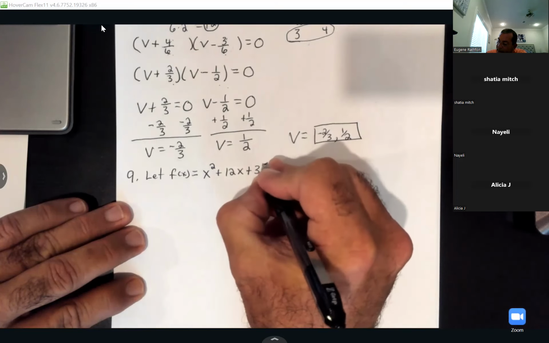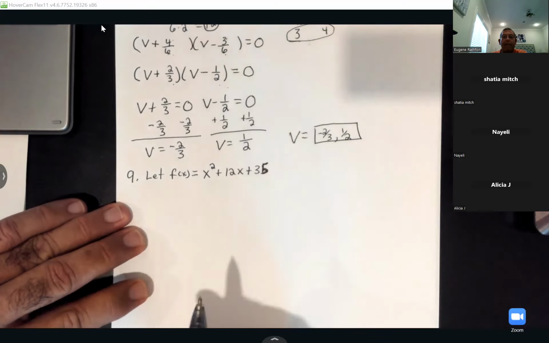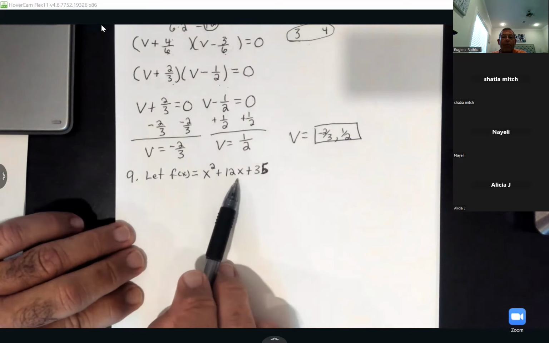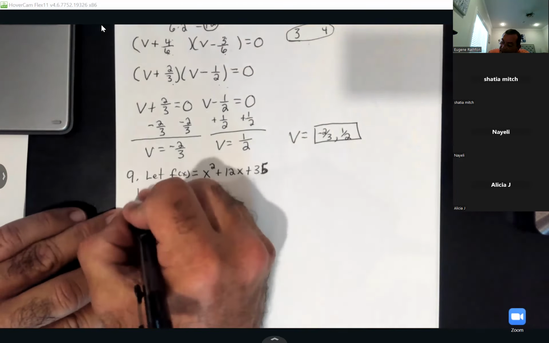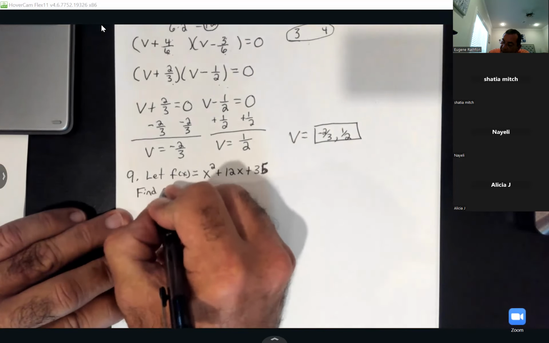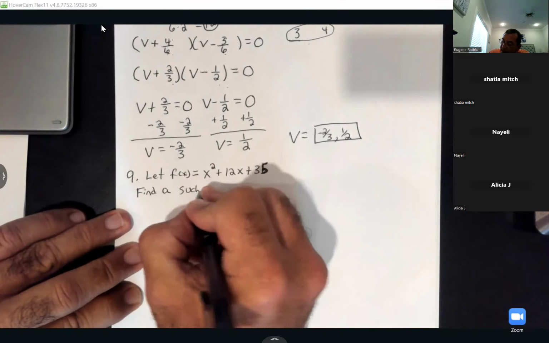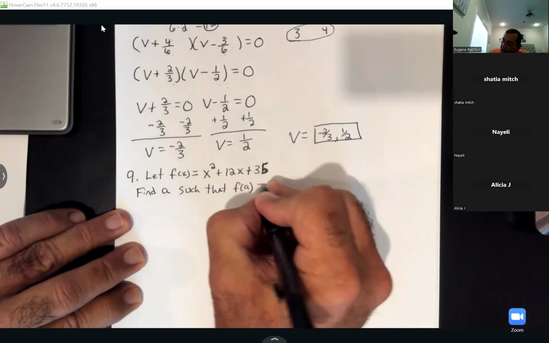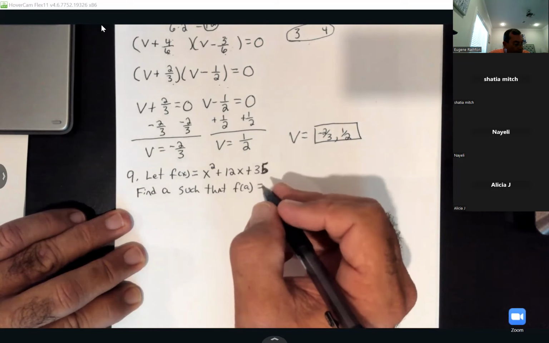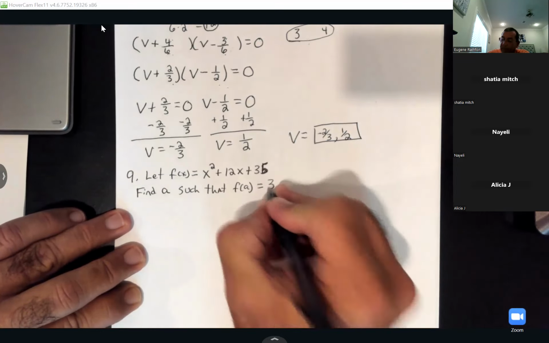Make that a 35 at the end. X squared plus 12x plus 35. But it says this, find a such that f of a equals 3.